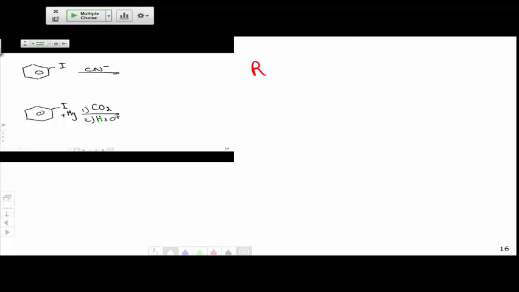So if I have an RX and I add a nitrile, so I'm starting with an alkyl halide, this is R triple bond CN. So I end up with the nitrile. Before I go any further in here, is there a limitation for the alkyl halide that I'm using in here? Can I use tertiary?